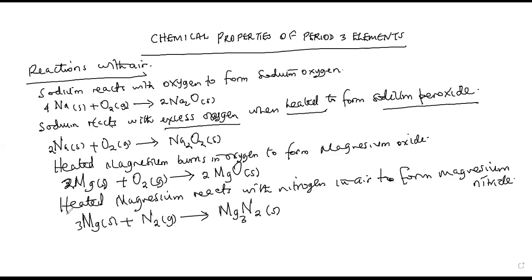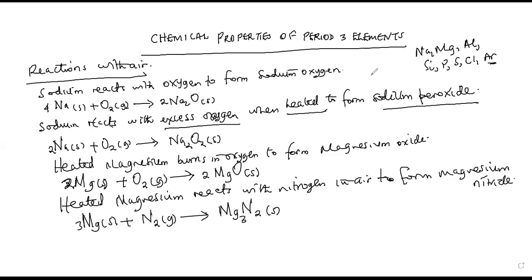When it goes to aluminium, you have to talk about each element of period 3. The elements are sodium, magnesium, aluminium, silicon, phosphorus, sulfur, chlorine, argon. Of course, argon being an inert gas is not reactive at all.